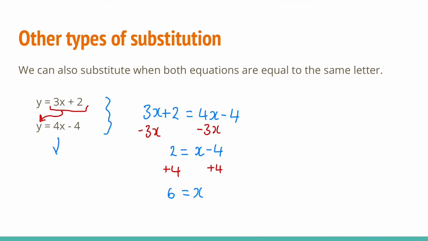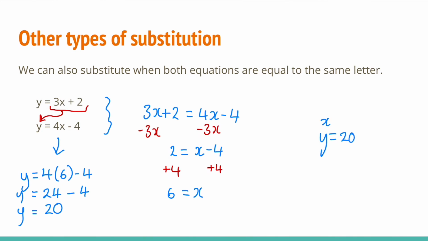Then again, they're already nicely rearranged for me, so I can take either of these. 4 lots of x minus 4, so y is equal to 24 minus 4, and then 20. So I now know that y is 20 and x is 6. So that's your substitution method.